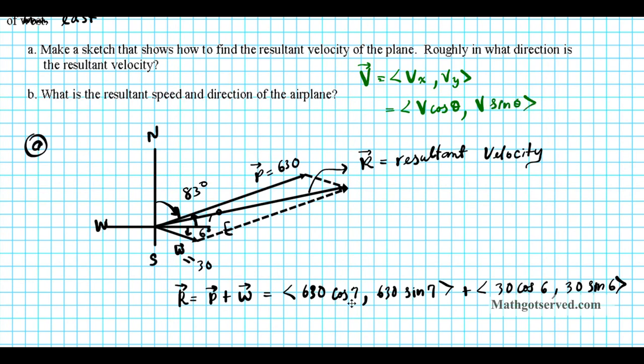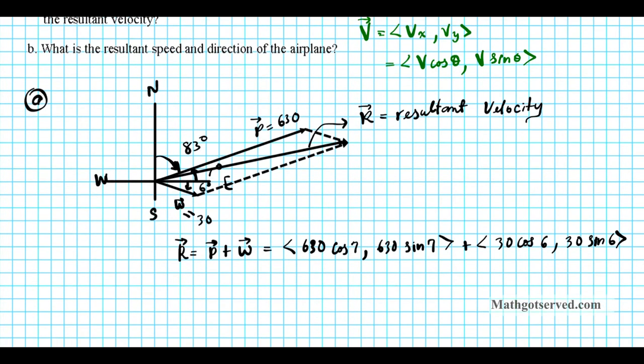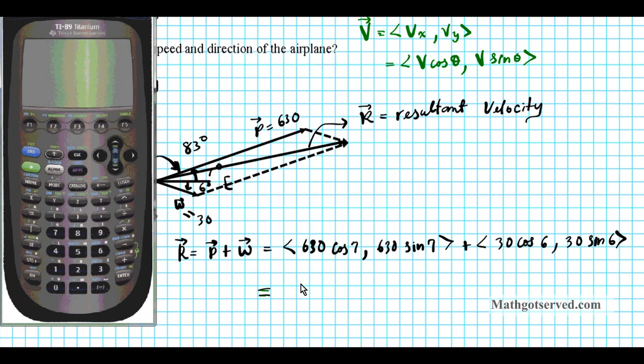So that's what we have here. I basically wrote vectors P and W using coordinate vector notation. To find out what these are, we simply plug these into our calculators, and it will compute the sum for us.